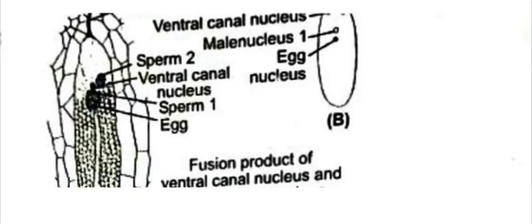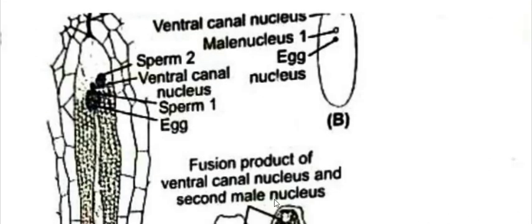Here is another diagram to show the process of fertilization. This is the archegonium in the female gametophyte. The first male gamete unites with the egg, and the second male gamete unites with the ventral canal nucleus.